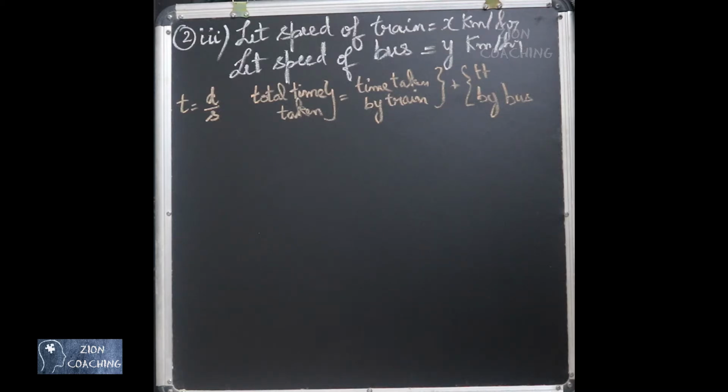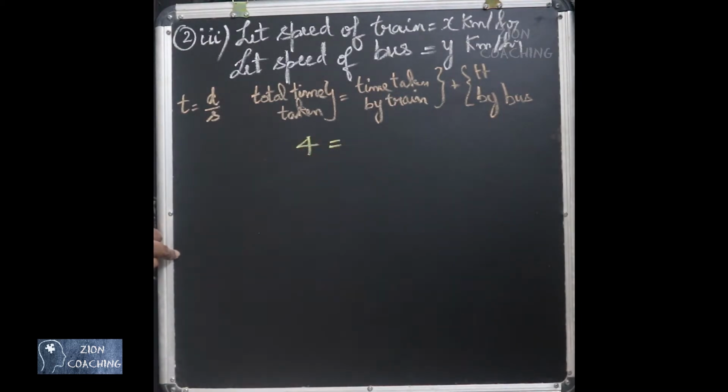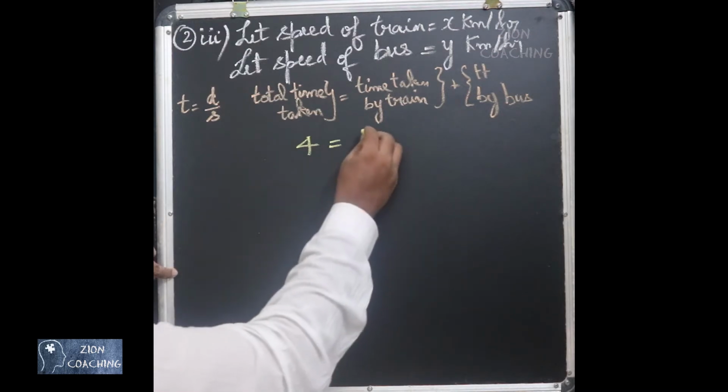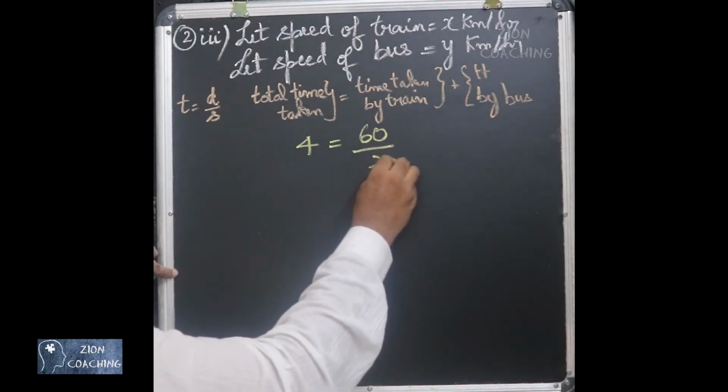In the first case, total time taken is, they are telling she takes 4 hours. So we will put 4 there. 4 is equal to time taken by train, which is given by distance by speed. The distance travelled by train is 60 km by speed of the train x.